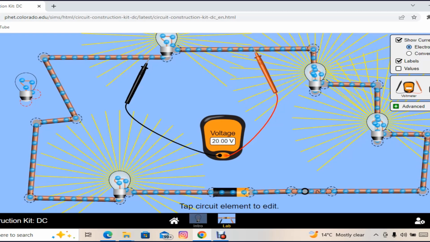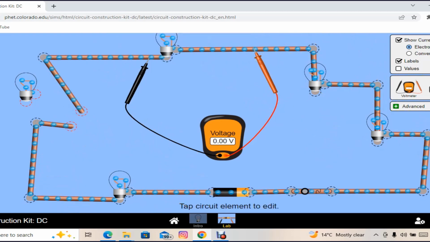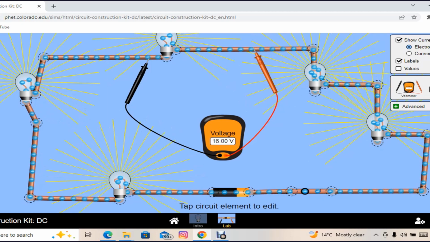Let us put this into demonstration. Now we are putting this household back. Since this one is back, you can see it's dimmer and it's back to 16 volts, which means the next community needs to be out of electricity.